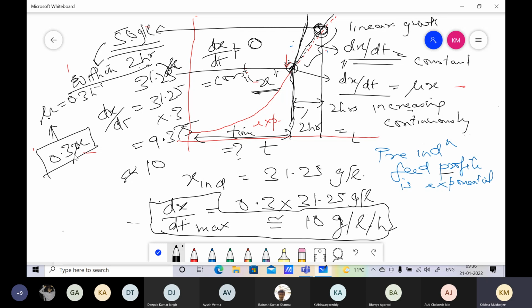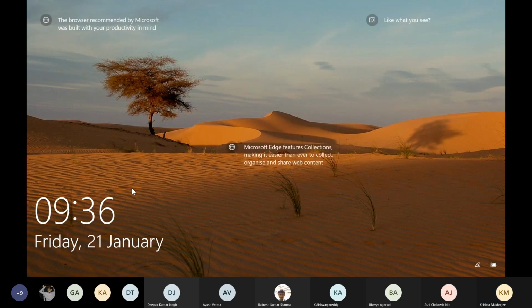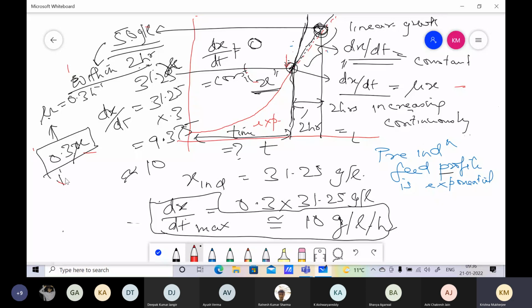Now, the moment I induced, my growth stopped being exponential and became linear.